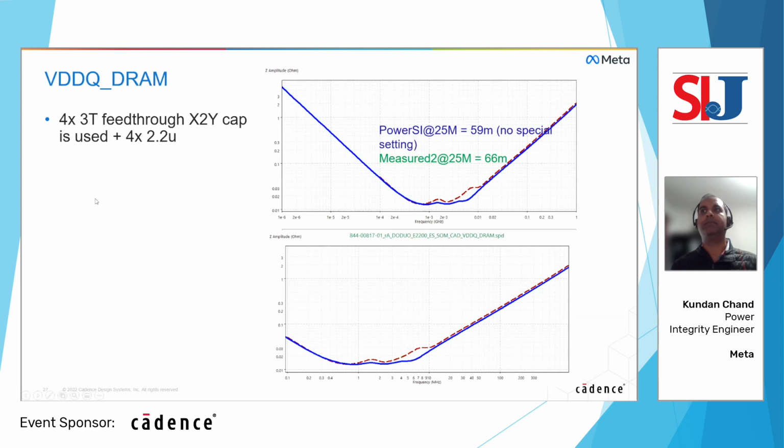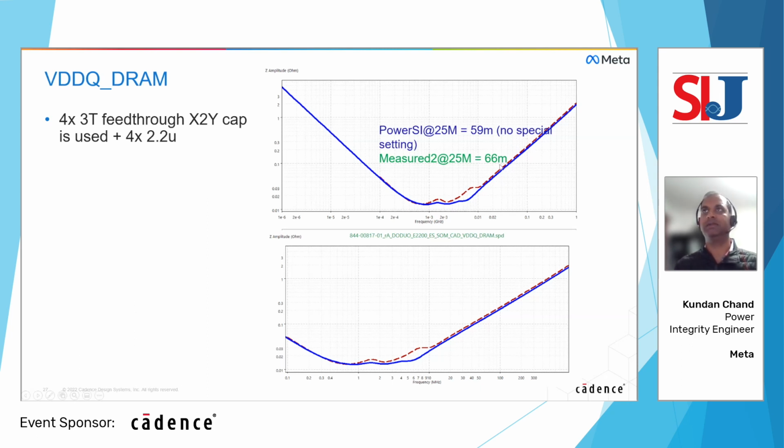Then this is an example of a second PDN, where we had some feedthrough X2Y caps being used. They were also measured at the BGA pads, and both waveforms are just on a slightly different scale again. For the purposes of our analysis, we were interested more in the frequency ranges here, tens to hundreds of megahertz.